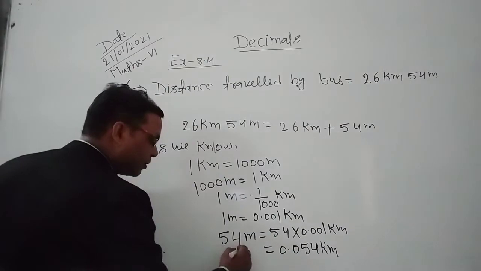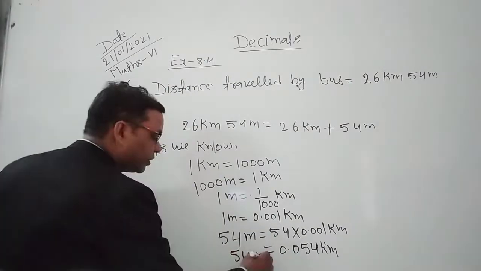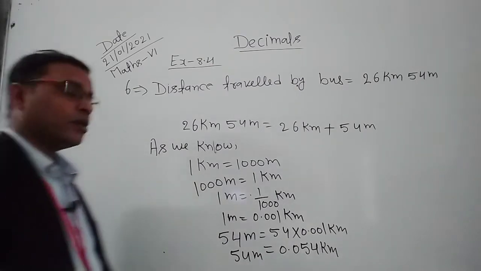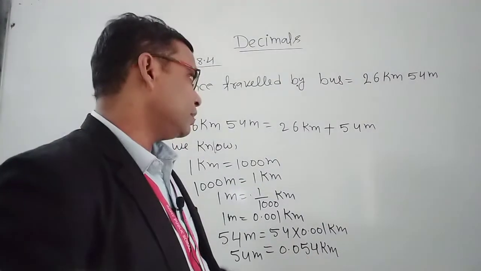Students, you can see 54 meter is equal to how many kilometer? 54 meter is equal to 0.054 kilometer.